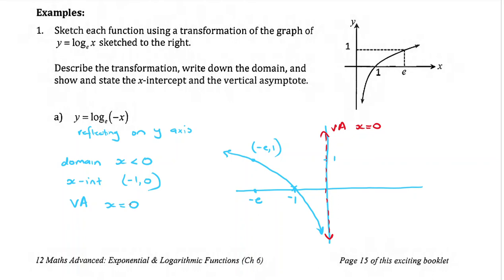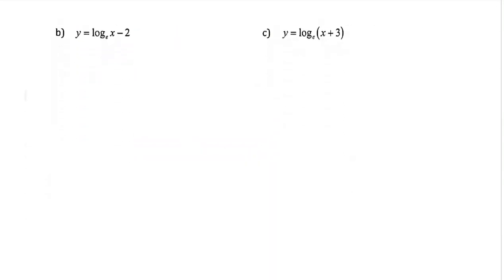We have a few more on the next page. Question B. We are now sketching log base e of x minus 2. What does the minus 2 do? Yes, moved down 2.